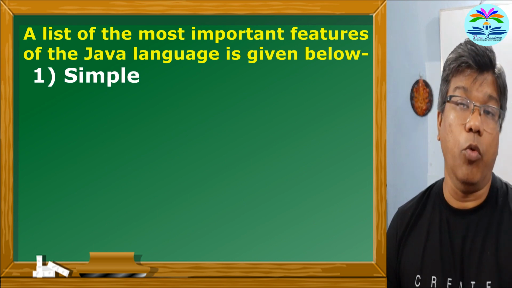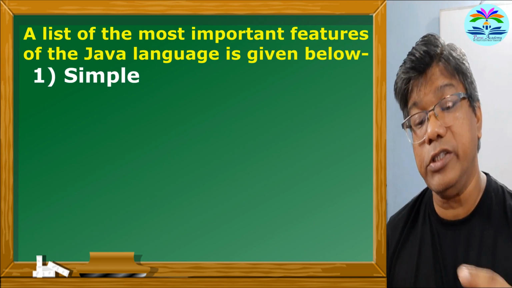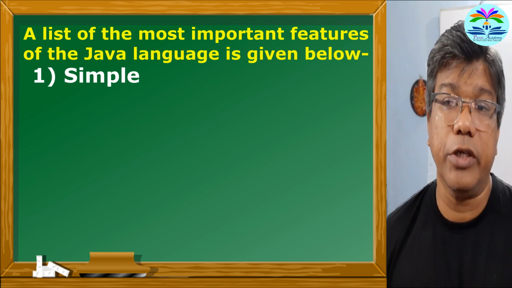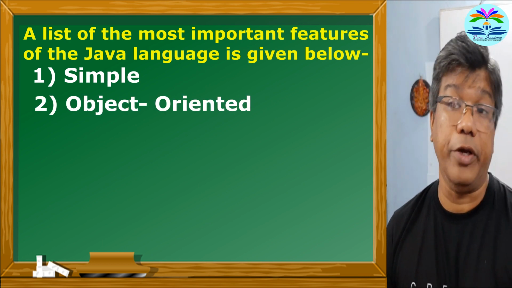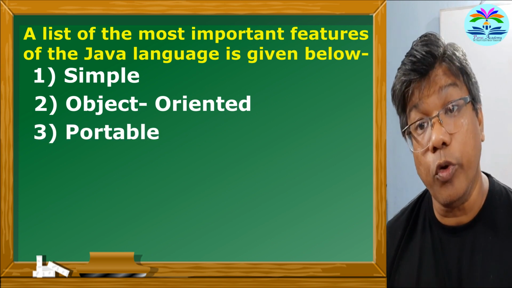Now I go to the most important features of the Java language. What are the most important features of Java? Number one, it's very simple. Writing in that language is very easy. It's object oriented, so we can say it is an object oriented programming language. It's portable.